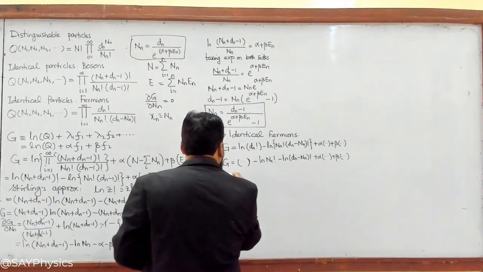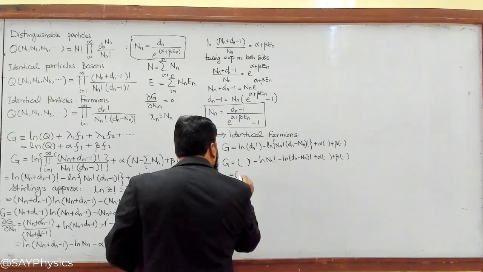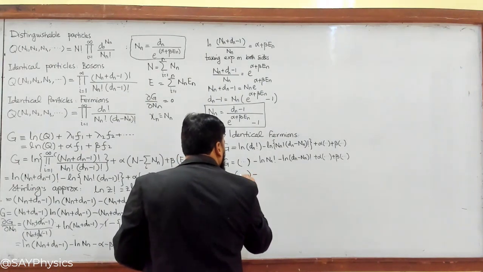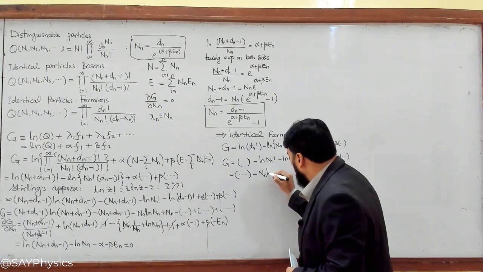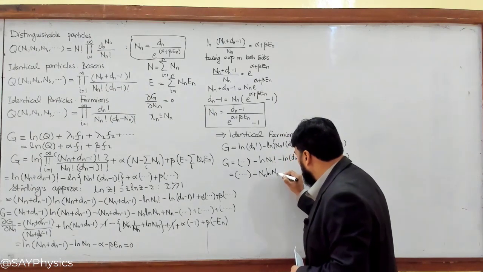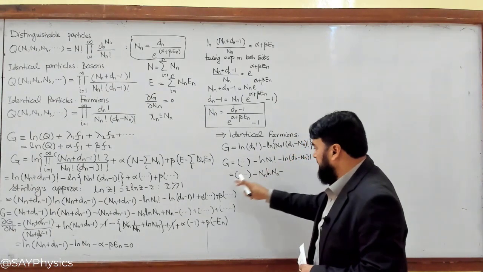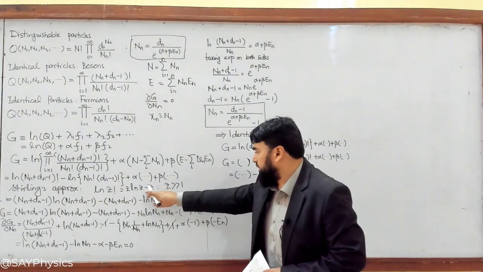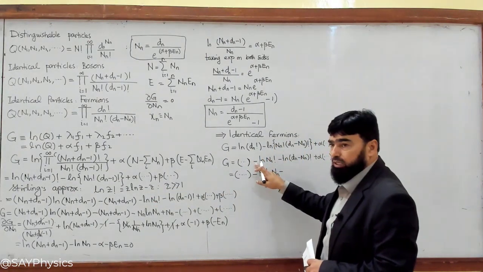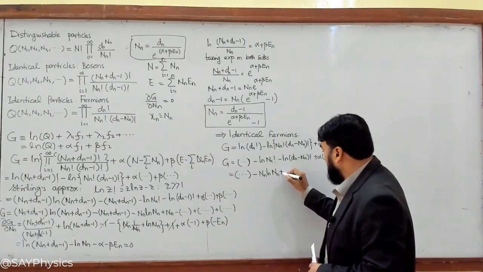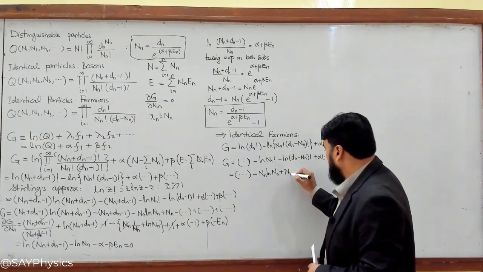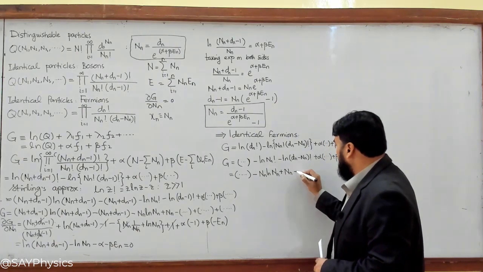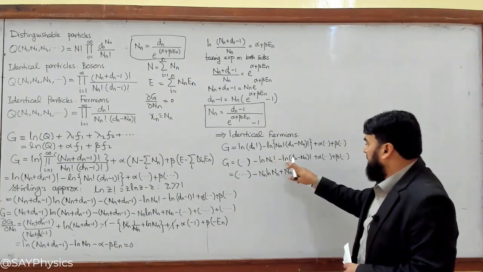And this is equal to the first term minus Nn log Nn, and the minus is there in the Stirling approximation, but this minus and this minus will multiply and it will become plus Nn.